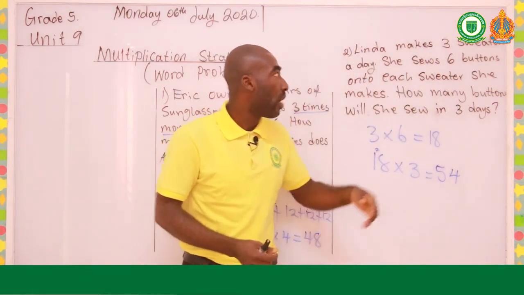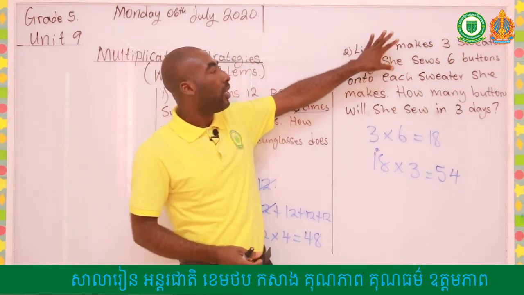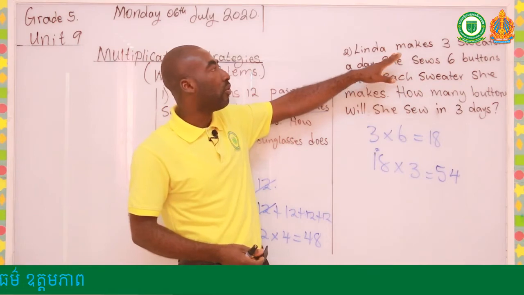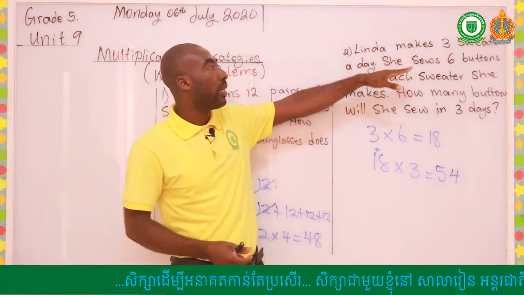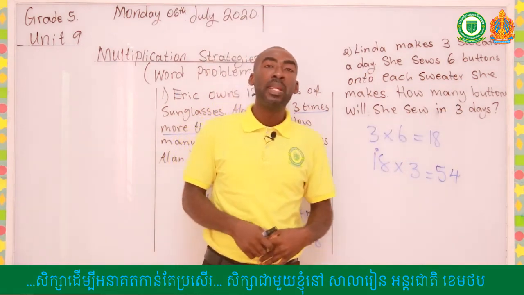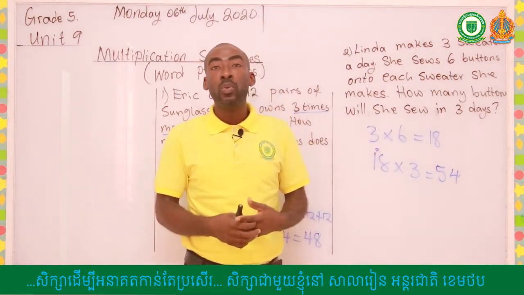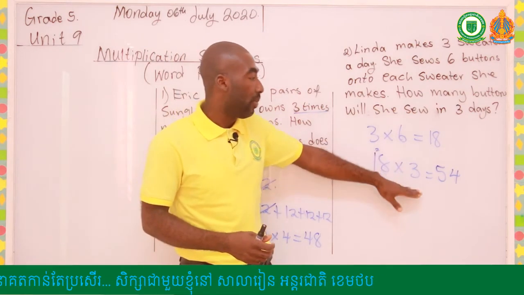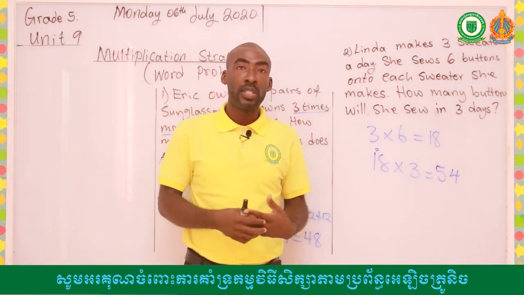In a situation whereby you have 3 mixed numbers together, that means you have to look for 3 sweaters that come with 6 buttons, and then in 3 days how many buttons in total could be made on these sweaters. Please, take it step by step so that you don't confuse yourself, okay?